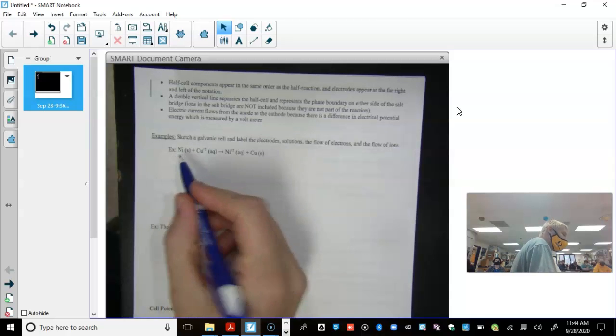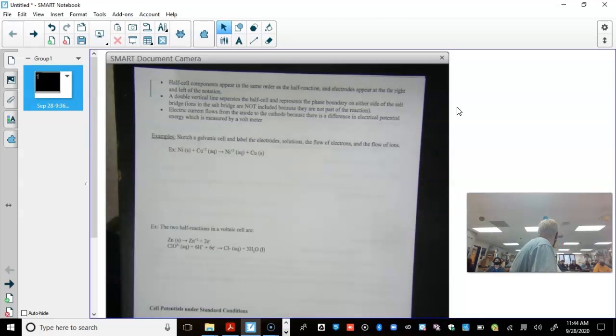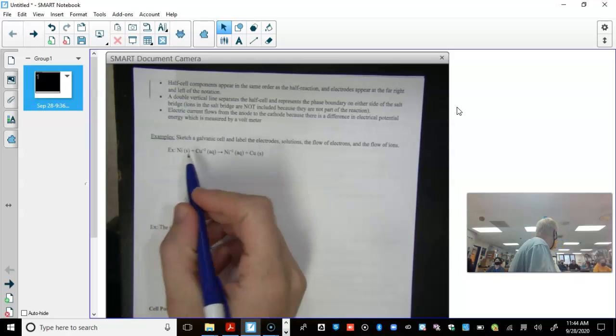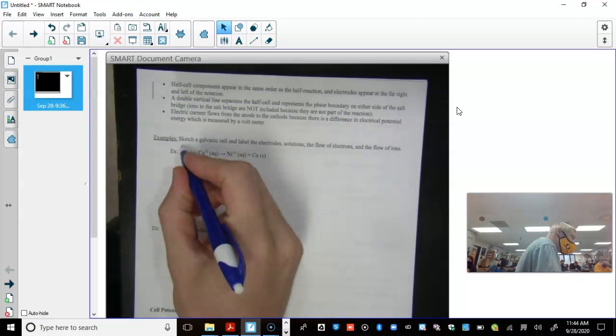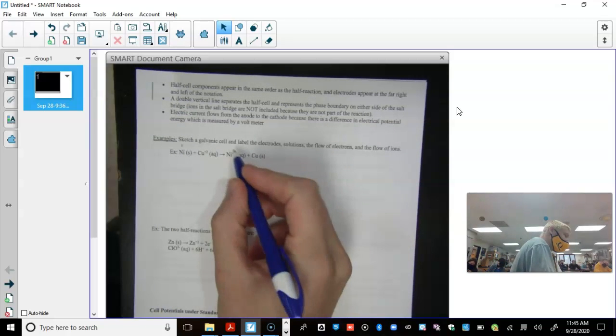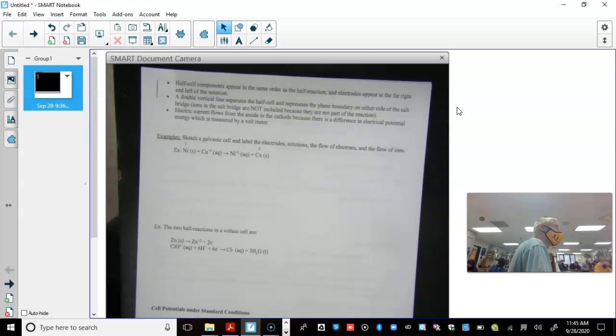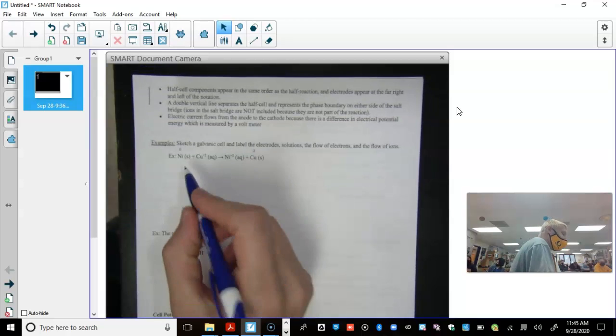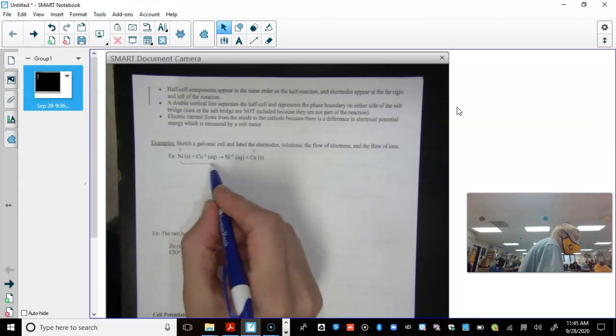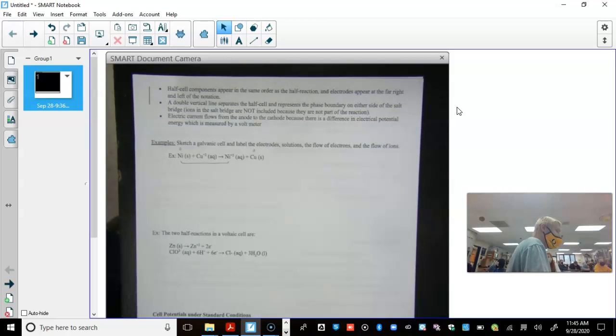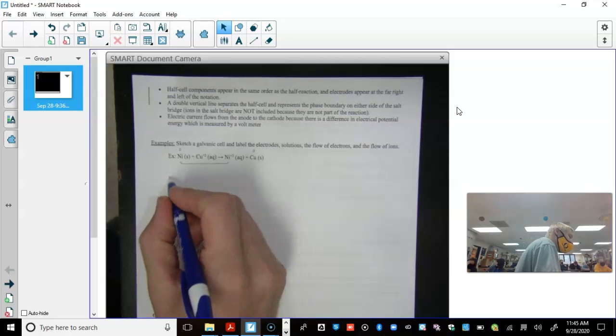It might be helpful to write the oxidation numbers. Doing the basics, nickel solid is 0, copper 2 plus is +2, and copper metal is 0. So if we're going from nickel to nickel 2 plus, what's happening? Oxidation.